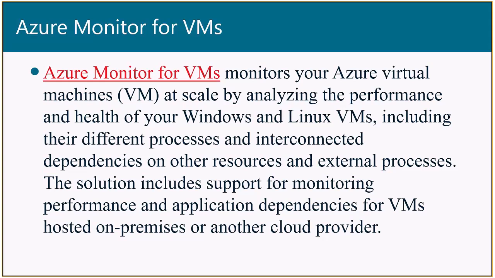Most importantly, you want to monitor the VM. Most of the resource usage is in the VM. So we want to make sure that we scale the VM efficiently. We are not scaling it too low or scaling it too high. So you can monitor that as your virtual machine scales by analyzing the performance. For most VMs, what you want to do is make sure you have a scale setup, which will do that based on the monitoring.